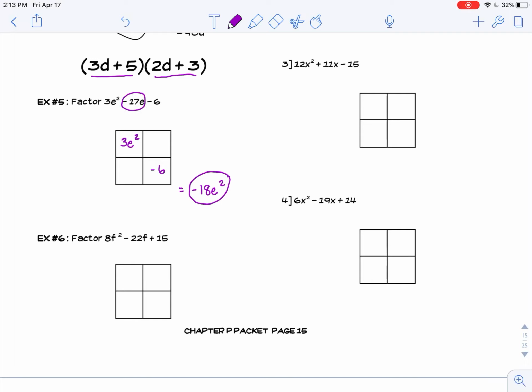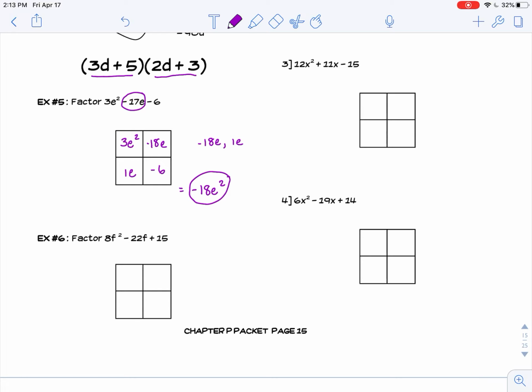What two terms will multiply to equal negative 18e squared and add to equal negative 17e? Well, that's going to be negative 18e and 1e. We'll put the 1.